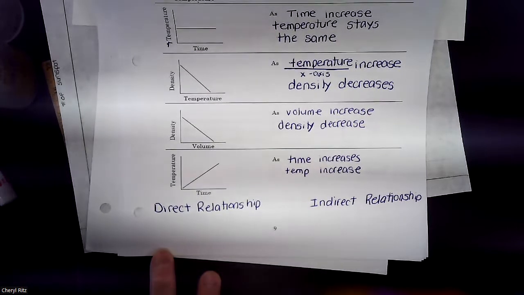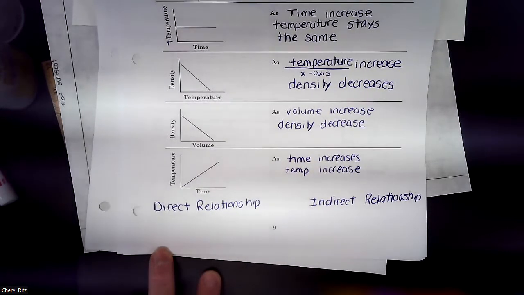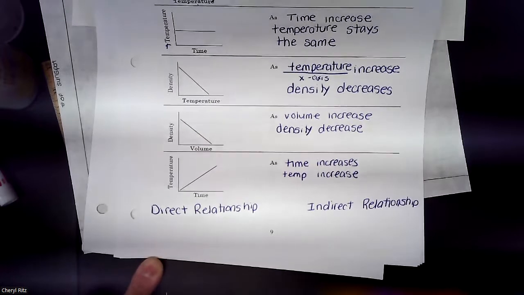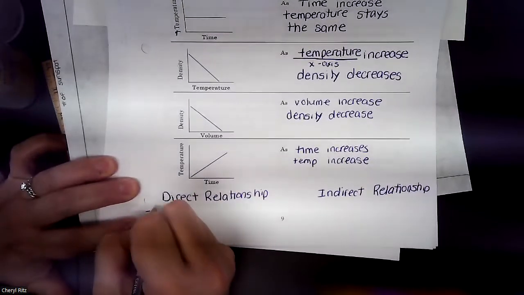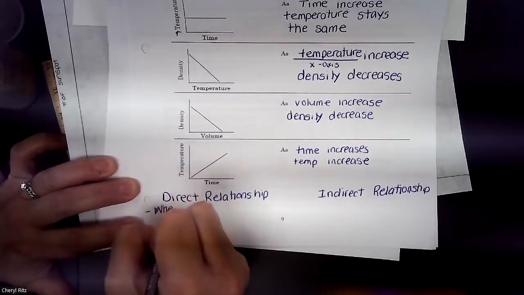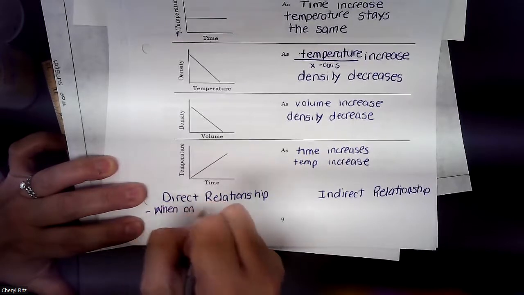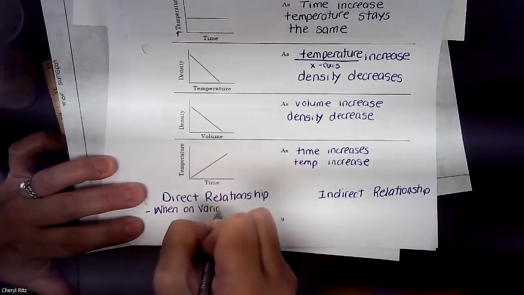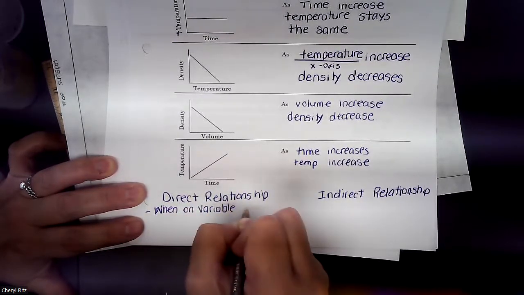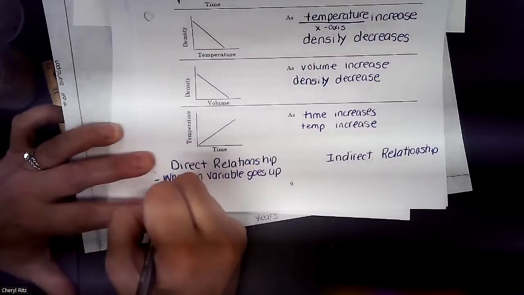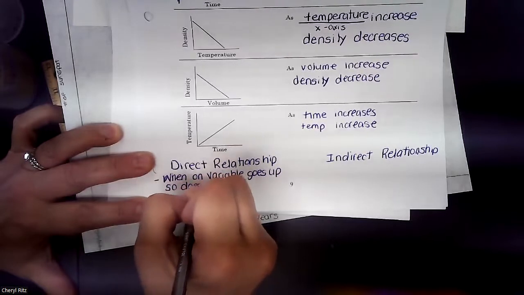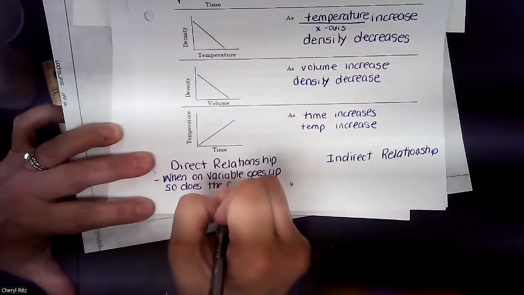So a direct relationship is really referring to when something happens to one thing, it's going to directly affect the other. And what that means is when one variable goes up, so does the other.